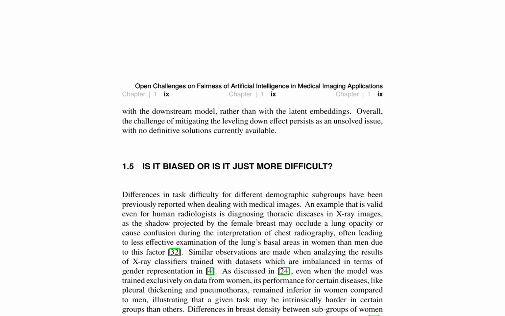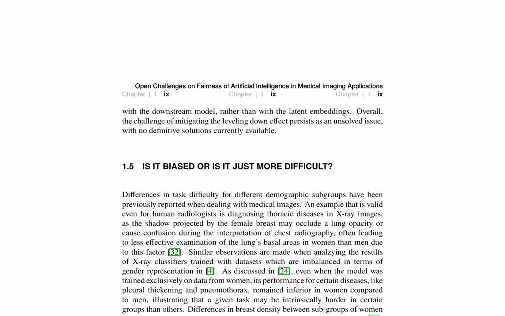In medical imaging, differences in task difficulty for various demographic subgroups have been reported. For instance, diagnosing thoracic diseases in X-ray images is more challenging in women due to the shadow projected by the female breast, which may occlude a lung opacity or cause confusion during chest radiography. This leads to less effective examination of the lung's basal areas in women compared to men.